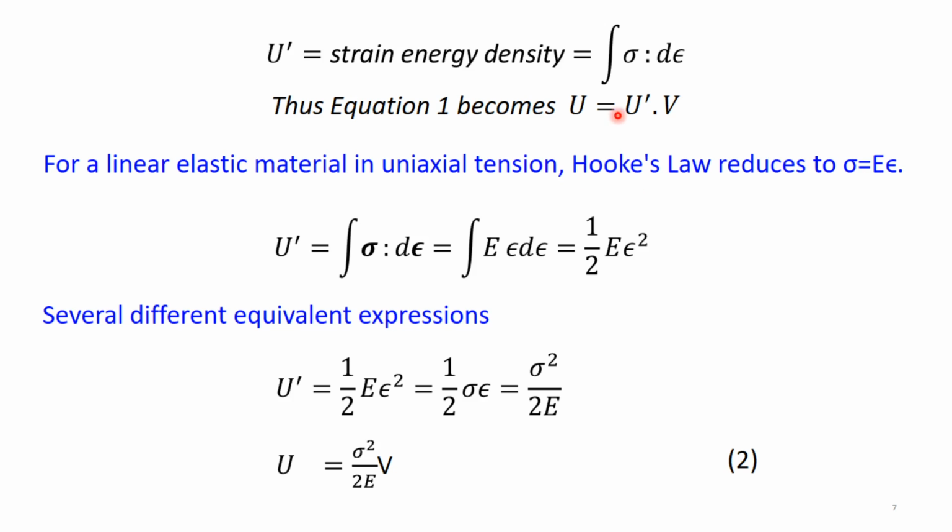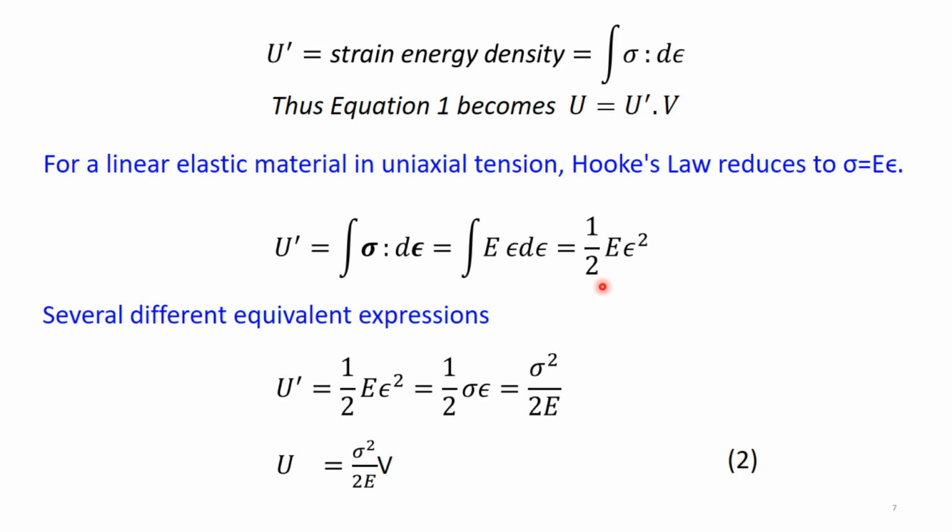So U prime can be rewritten as, if we replace sigma with E epsilon, we have this equation, and if we integrate with respect to epsilon, we have this result: strain energy density is equal to half E epsilon square.